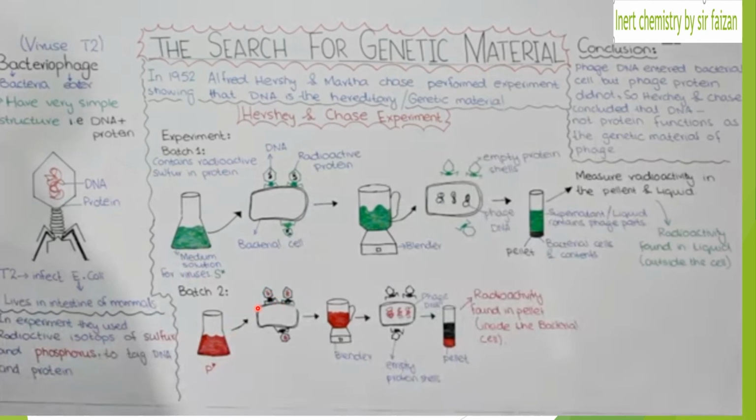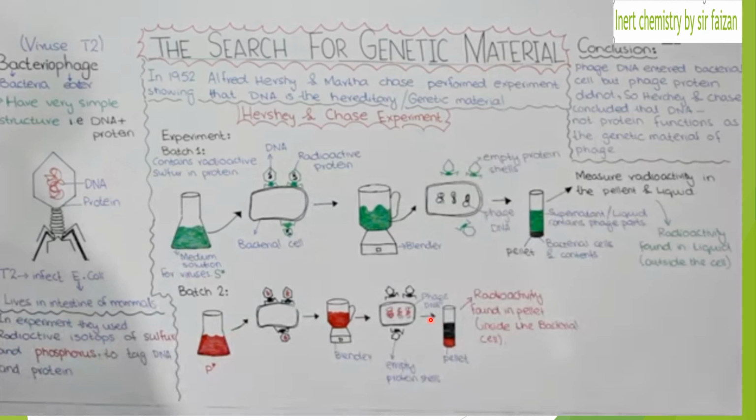These viruses then infect the bacteria. Again, they use a blender and separate the empty protein shells, and only bacterial cells and the viral components remain. Then they use the centrifugation technique.